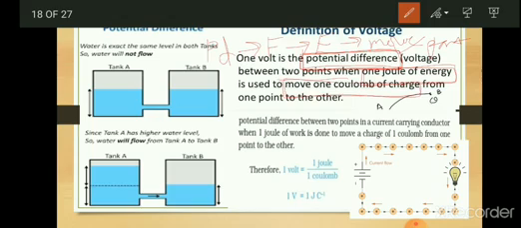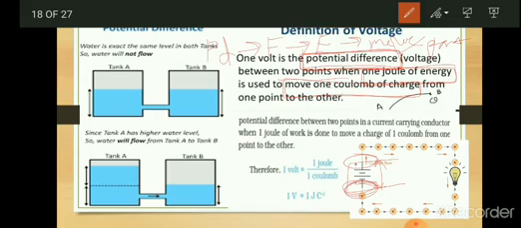Student, very simple, student. Here potential difference is created in the battery, created by the battery. This is the negative terminal, this is the positive terminal. This is electron rich, this is electron deficient. This potential difference creates the force in the anode.